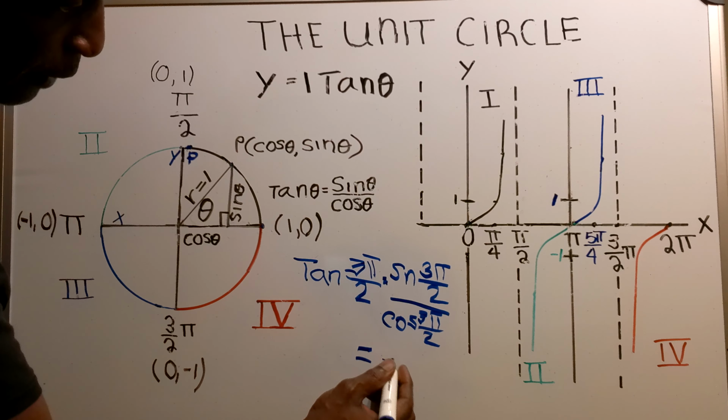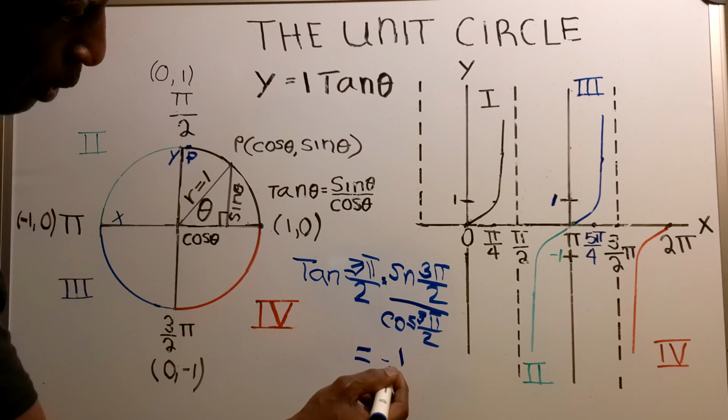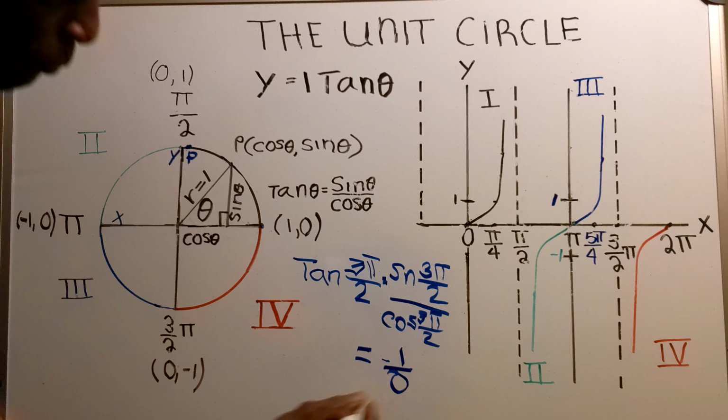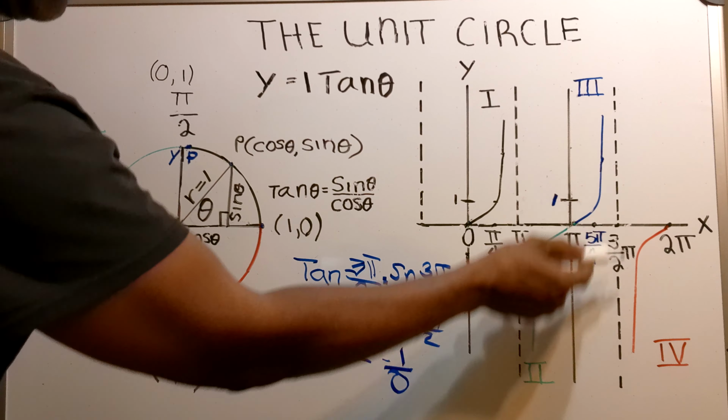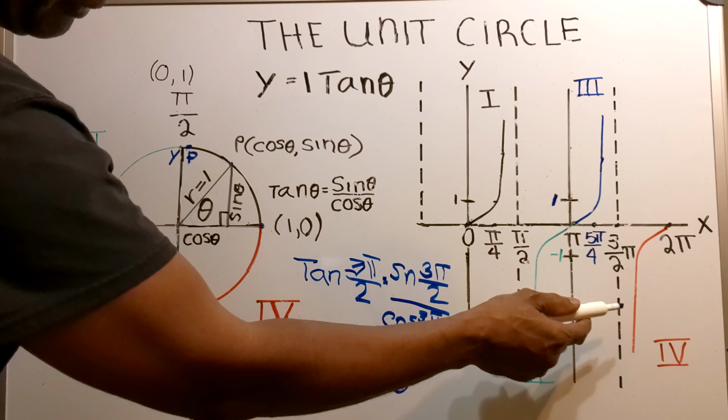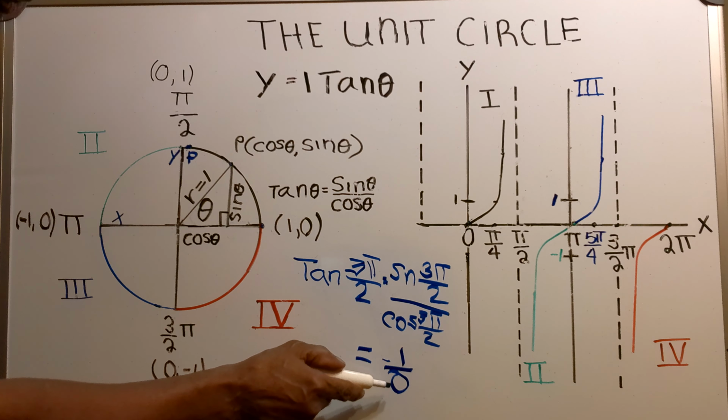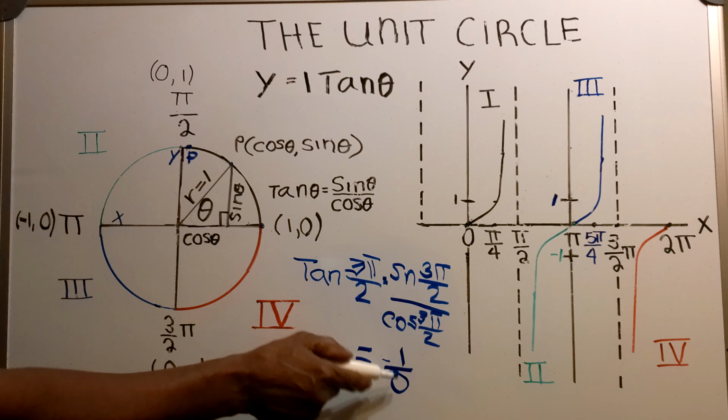So what you have is -1 over 0. Now again, -1 over 0 cannot be plotted on this graph because you have a 0 in the denominator of the quotient.